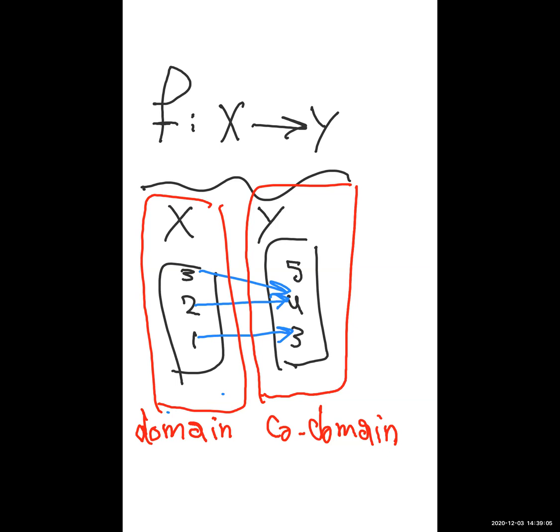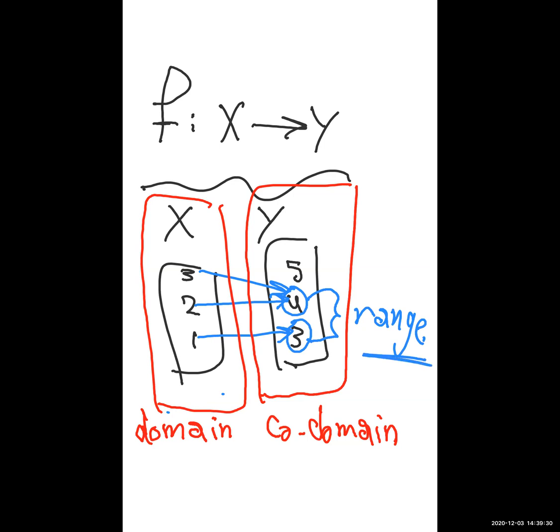Now, guys, the set of images of the elements of the set x on the function is called the range. So now the range is these elements, 3 and 4. So these 2 elements are the range.